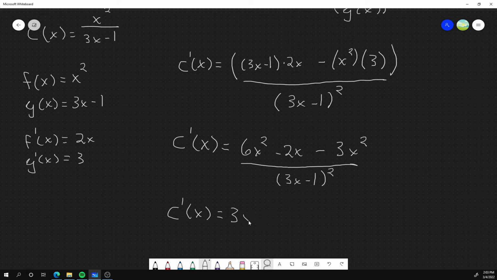Well, that's going to be 3x squared minus 2x, and that's going to be over 3x minus 1, not plus, minus 1 squared. So I'm just going to verify that I did that right, which I'm pretty sure I did.